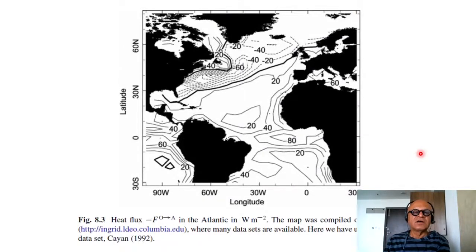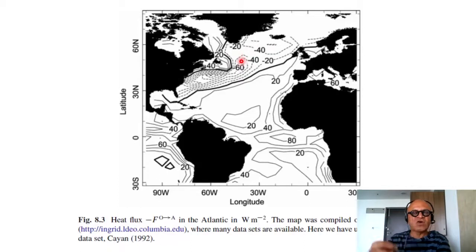And this is the same figure but showing the Atlantic, where you again have energy going into the ocean where temperatures are colder, energy coming out of the ocean where the ocean is warmer, and the atmosphere is picking up the heat from the ocean. That leads to cooling of the ocean through evaporation, which leaves salt behind, which creates the North Atlantic Deep Water in this region, and so on and so forth.